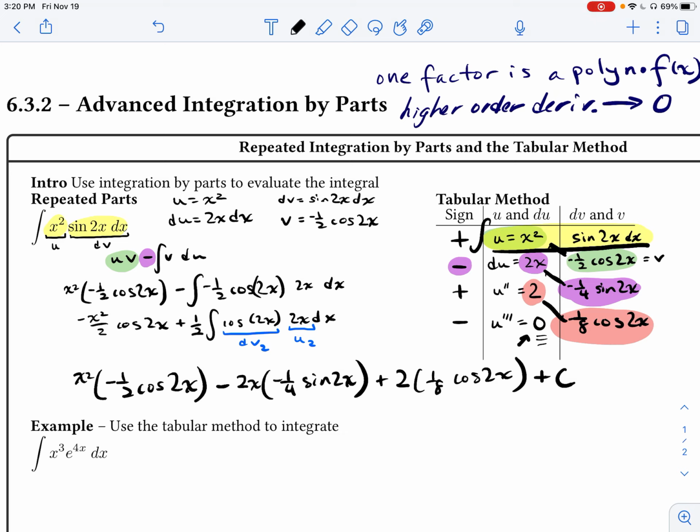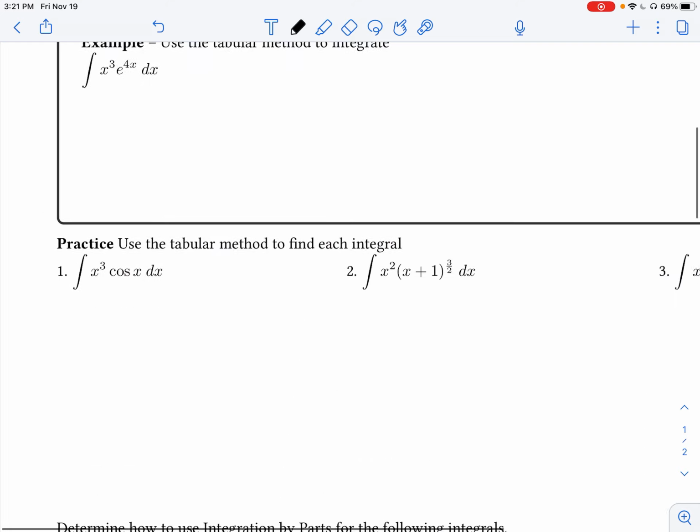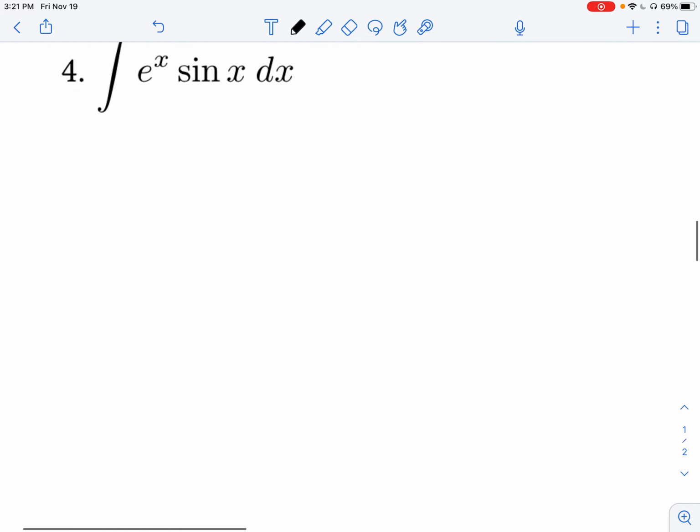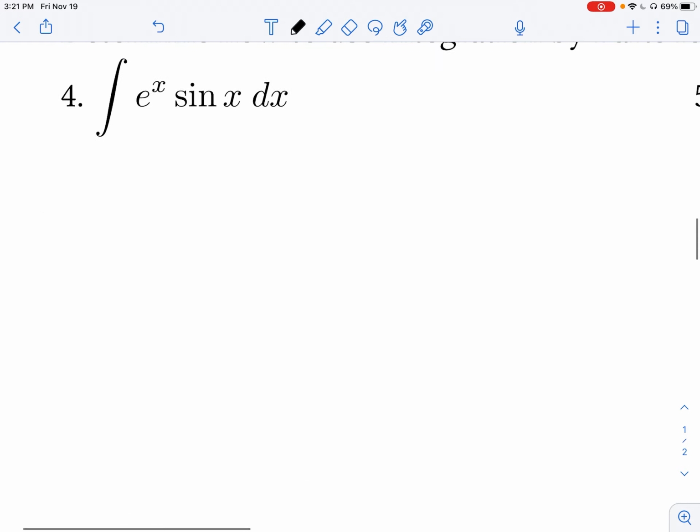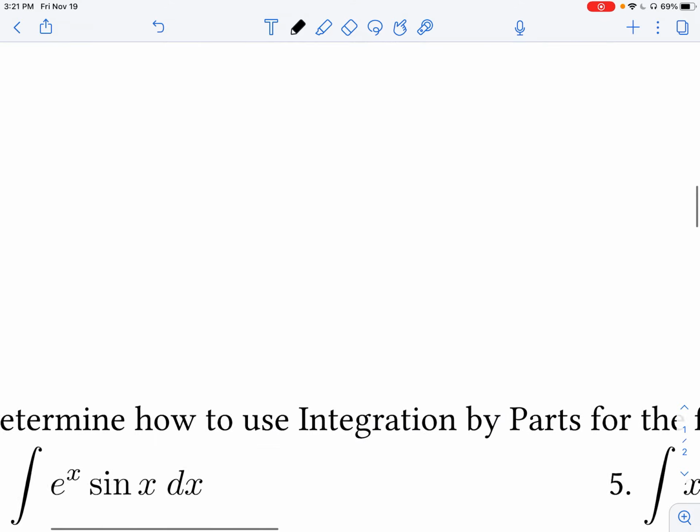But when both factors of our integrand are transcendental and neither is a polynomial function, then while the tabular method could certainly work, it may not be the most obvious method for those problems. An example might be something later on in the lesson, like e to the x times sine x. Integrating that, we could use the tabular method, but I'm not sure it's the best or cleanest option. I will talk about that in the next video.